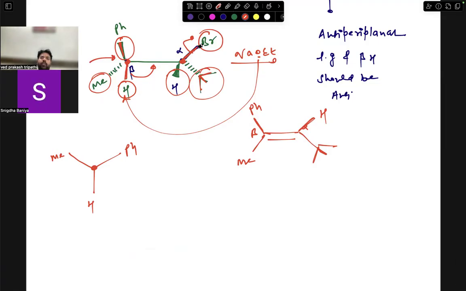Now look at the rear carbon. Bromine is on the plane bond, which is up, so bromine is up. Then hydrogen on the wedge, so hydrogen should be right, and the tertiary alkyl group is on the dash, so left, like this. Clear?